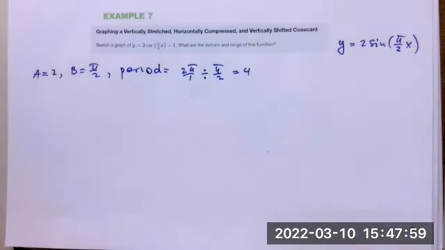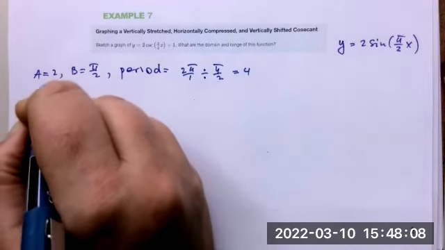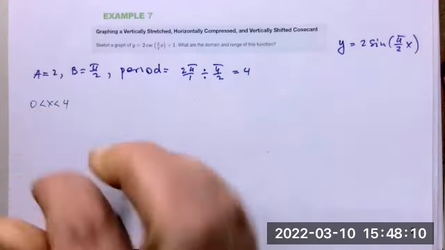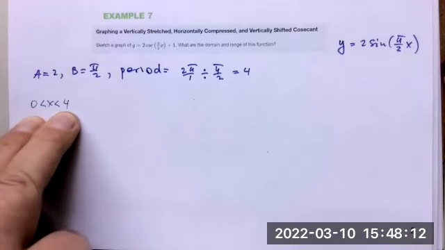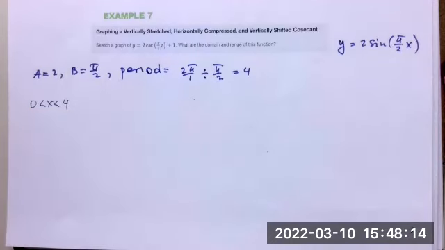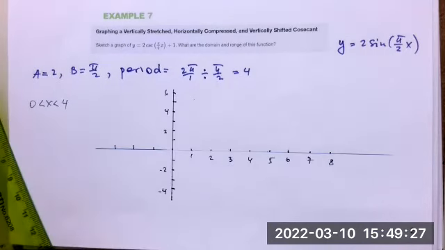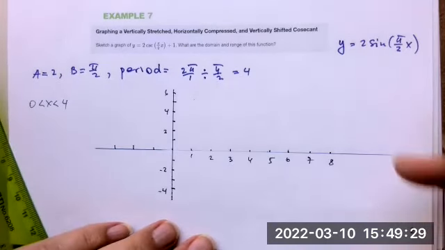There is no phase shift, so our x is going to be between 0 and 4. So this is literally the beginning and the end of one function cycle.